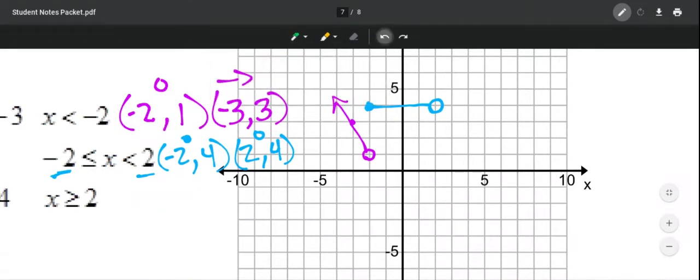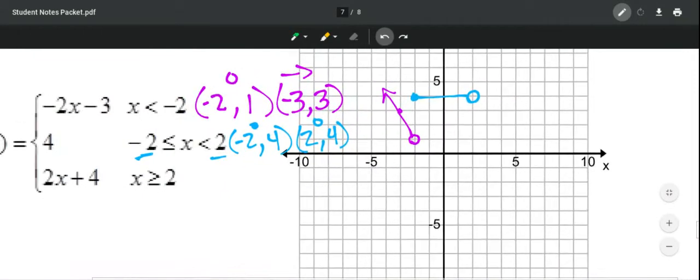Now 2 is a boundary point. Plug it in. 2 times 2 is 4. 4 plus 4 is 8. That is a closed circle because of the equal sign underneath. And then I need to pick something that's bigger than 2. So if I want to pick something bigger than 2, you can pick any number.